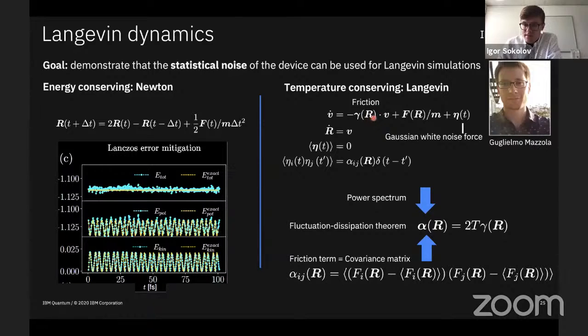We can relate this friction to the noise in our forces through the covariance matrix of the forces. In this way, we can use the statistical noise of our device to drive our dynamics. Of course, we need to check and verify this assumption that we can use the noise in the forces to drive the dynamics. So for this, we did the following study.